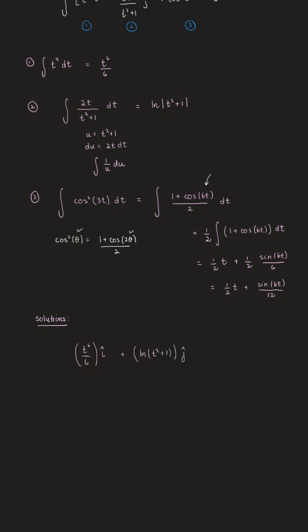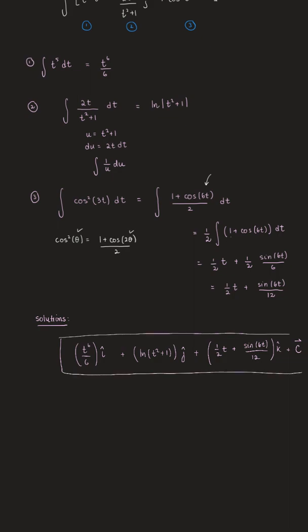And the third is 1/2 t plus sine of 6t over 12. That is our z component. And we have to also remember that because we're finding a family of functions that are antiderivatives of the given vector space curve, we have to add that vector c in the end. So there is our solution. Hopefully you can see there that c at the very end of my screen.